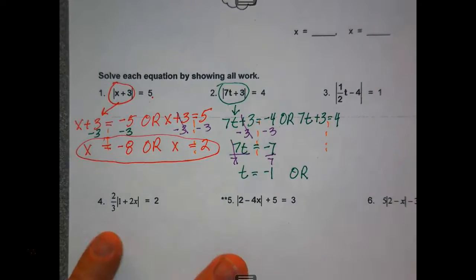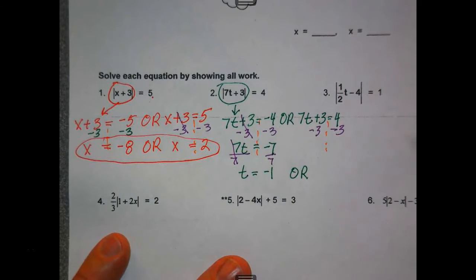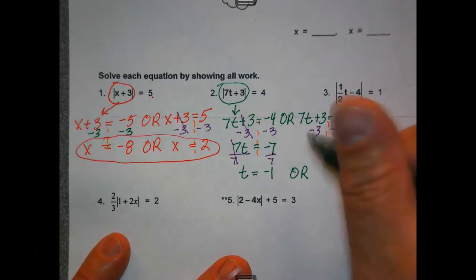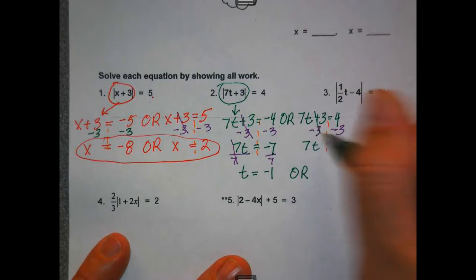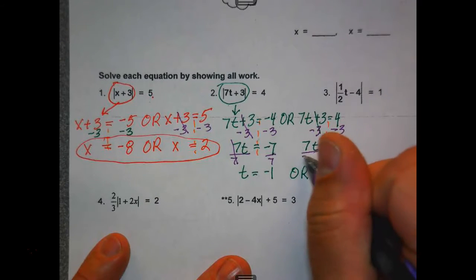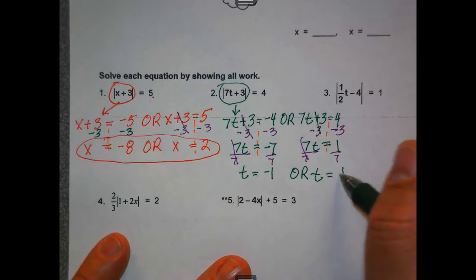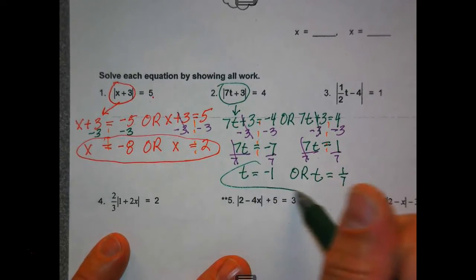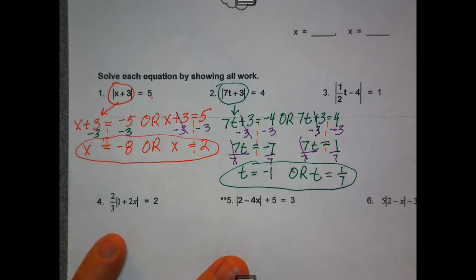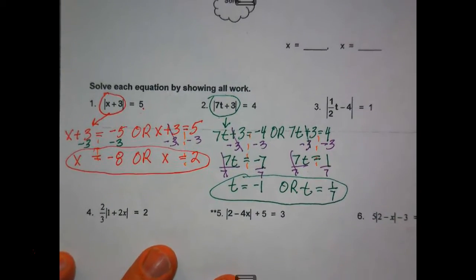Or subtract 3, subtract 3. 7t equals 1. Divide by 7. So t is going to equal 1/7. Good so far?